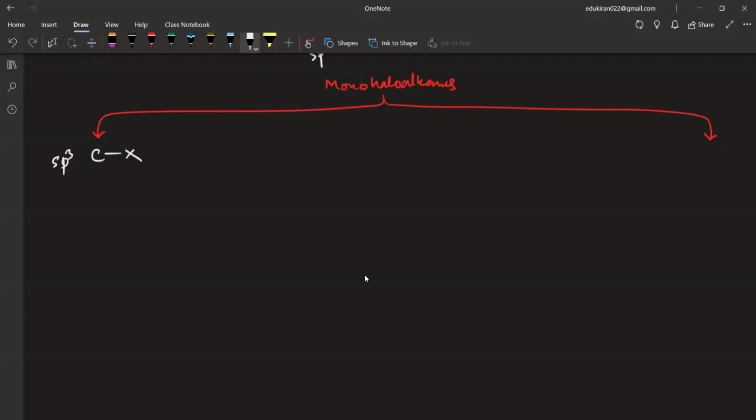And there is another case in which you will have a carbon and halogen bond, and this carbon will be an sp2 carbon atom. Clear? Yes or no? Please tell me.